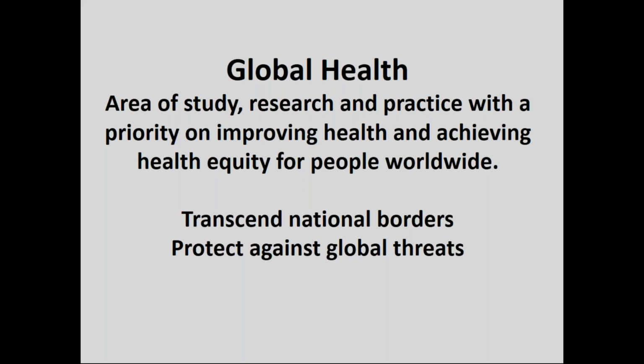So global health is about worldwide health improvement, reduction of disparities, and protection against global threats that disregard national borders. And it's not meant to be confused with international health, which is defined more as a branch of public health that focuses on developing nations and foreign aid efforts by industrialized countries.